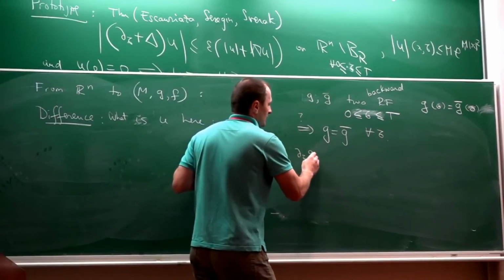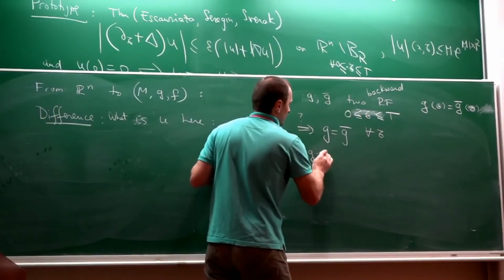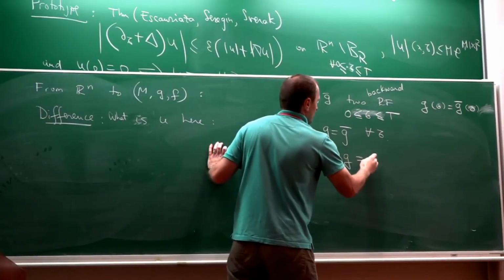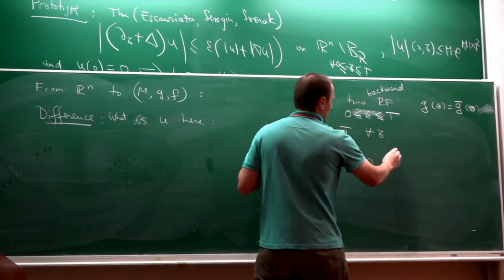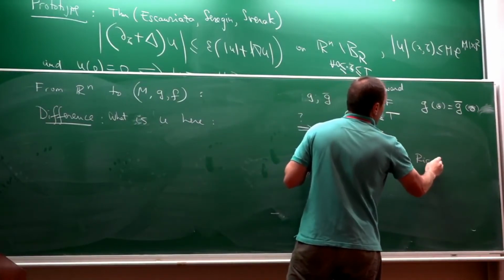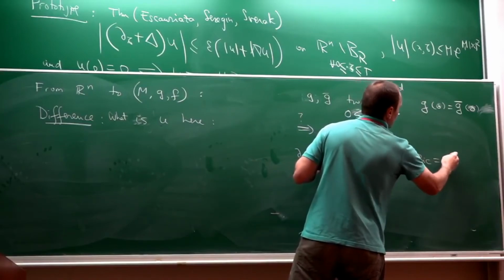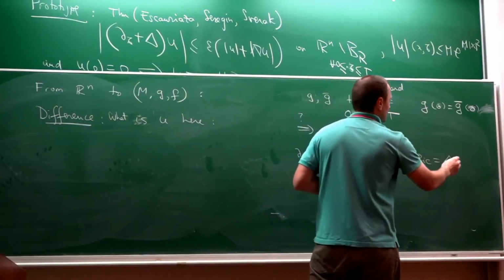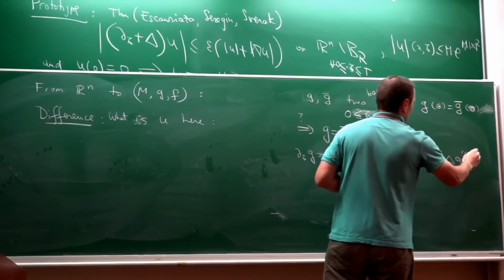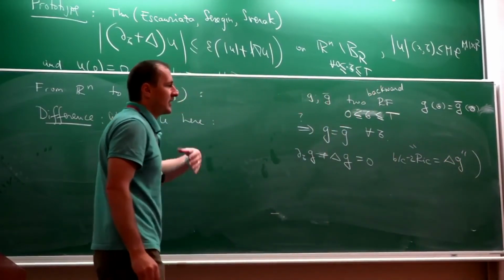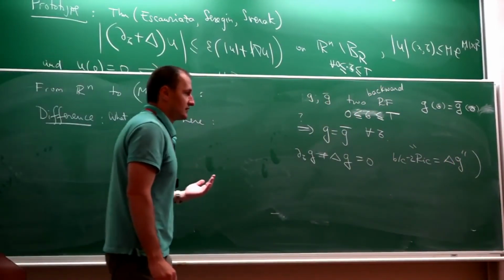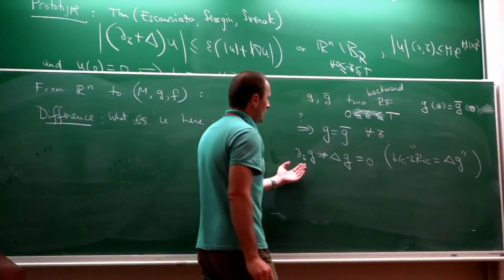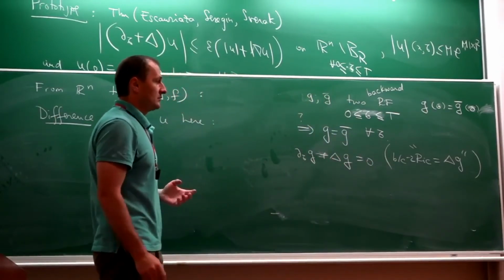D tau of G plus Laplace of G is 0, right? This is because minus 2 Ricci, as we know, is Laplace of G. So I have a backward heat equation.